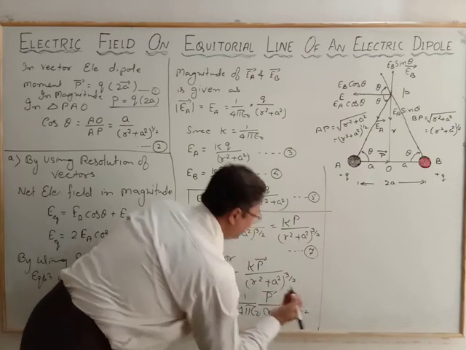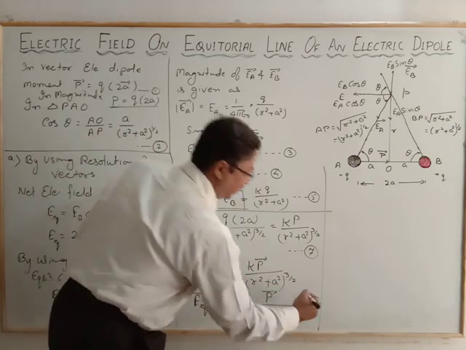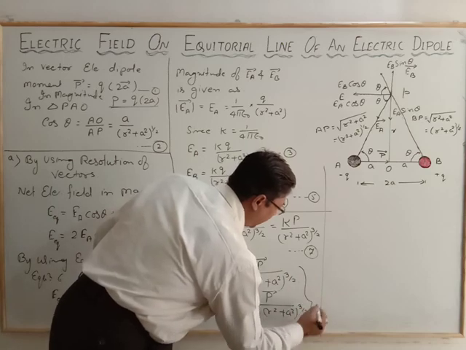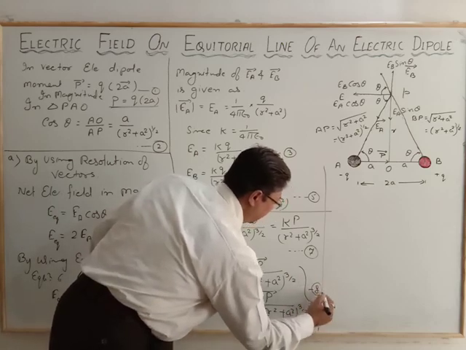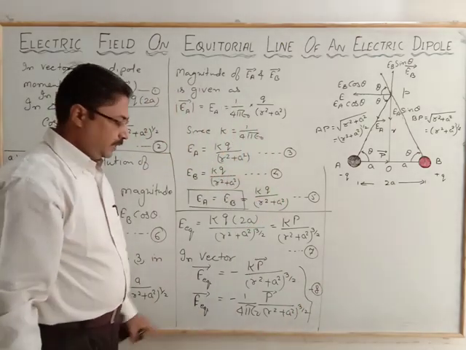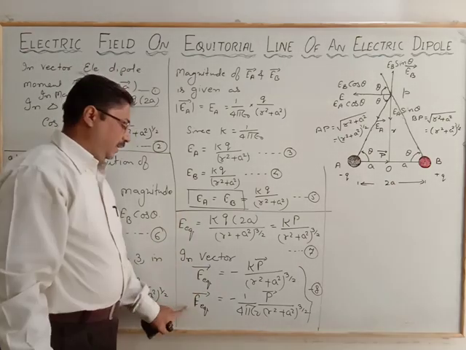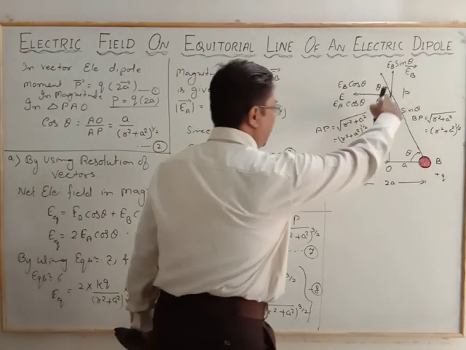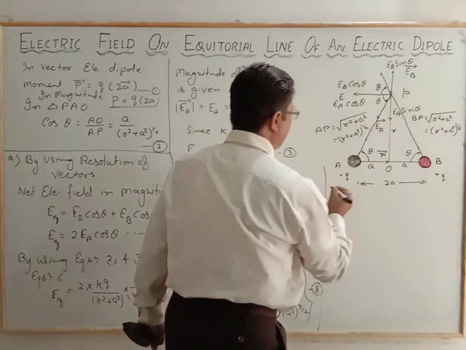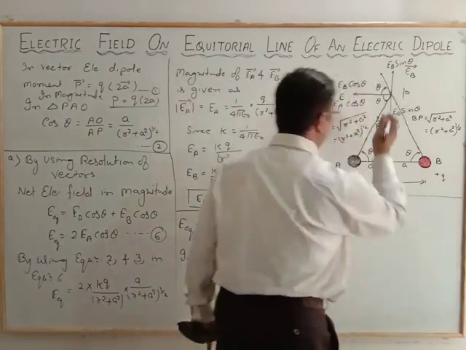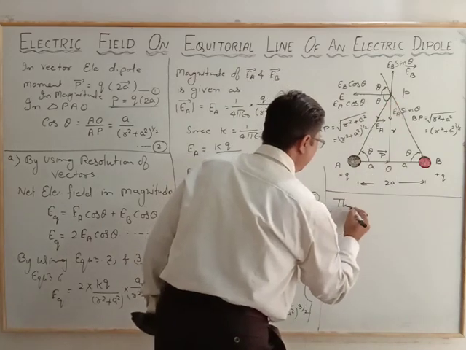You can use either this one as equation number 8 or the bottom one as equation number 8. Both are the same. So we come to know the direction of the electric field at the equatorial point is opposite to that of the dipole moment.